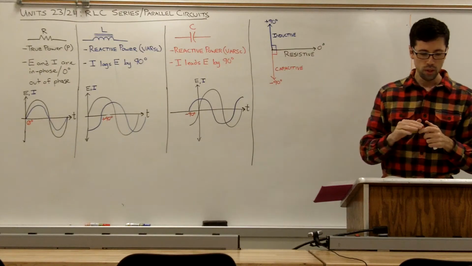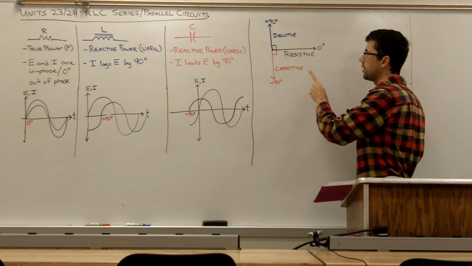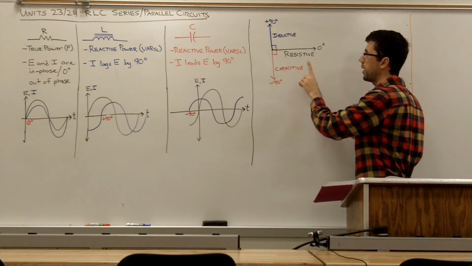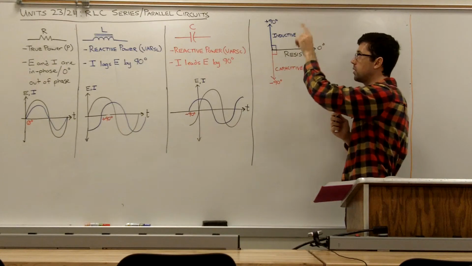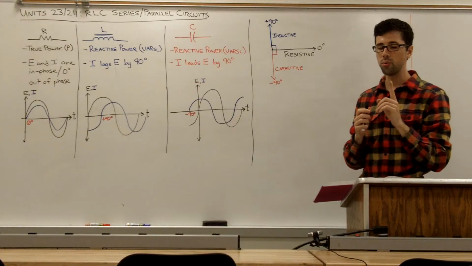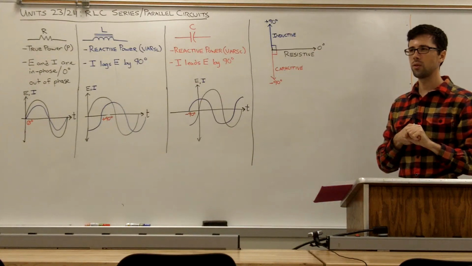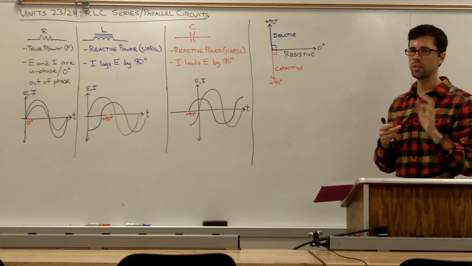Now I know in the textbook they treat the current vector for capacitors as positive 90 degrees and the current value for inductors at negative 90 degrees. That is correct, and there's a subtle reason for that I don't really want to get into in this class. It's more for the engineering side of things.